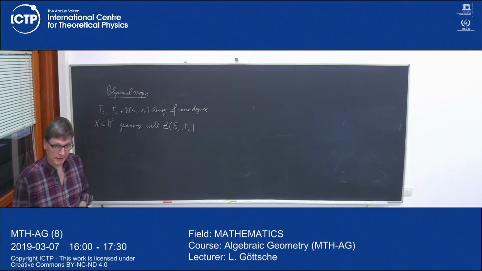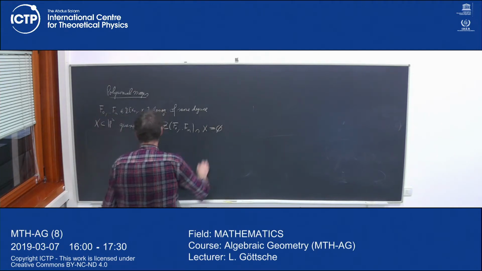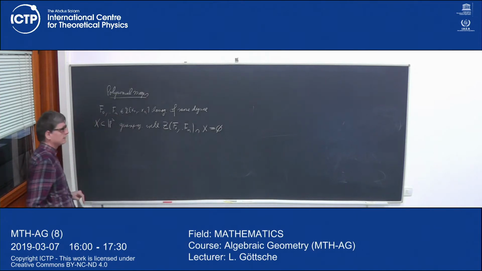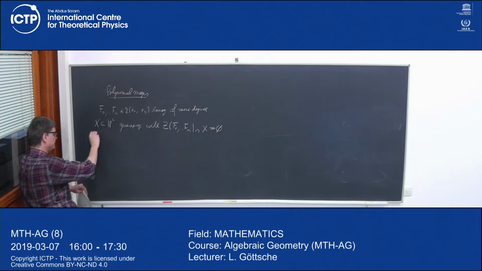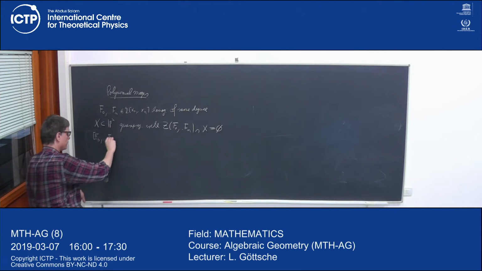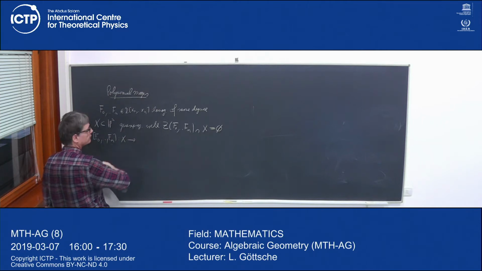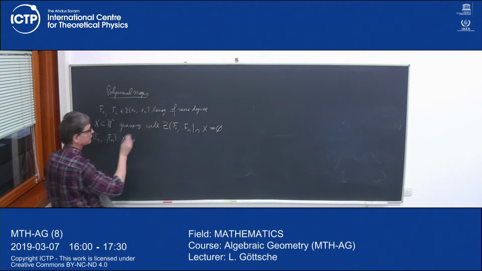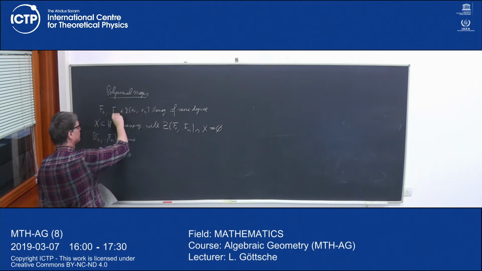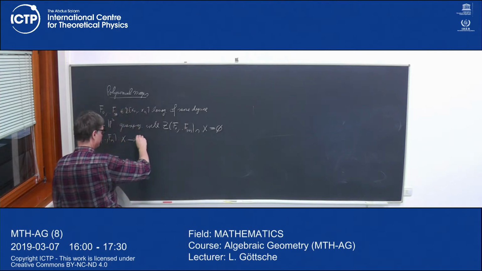with the zero set of these polynomials intersected with X empty, then we get that the map (f0, ..., fn) from X to P^n is a morphism.